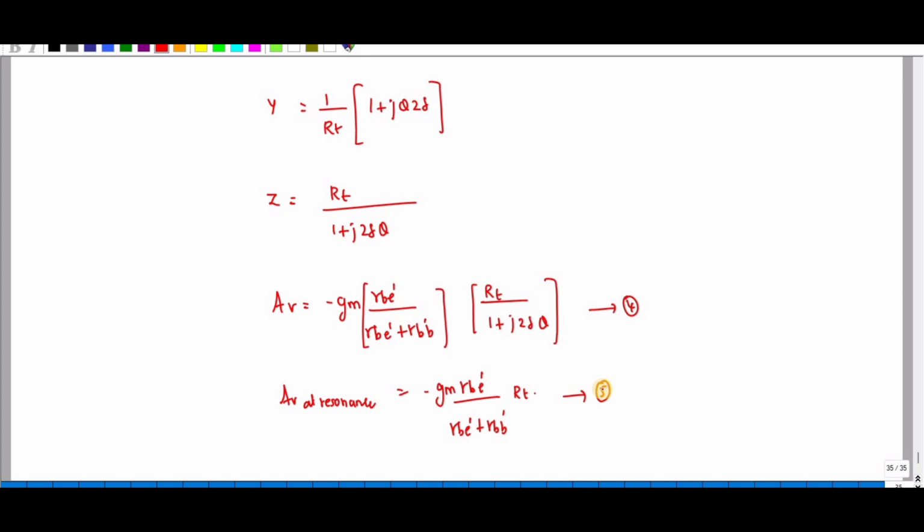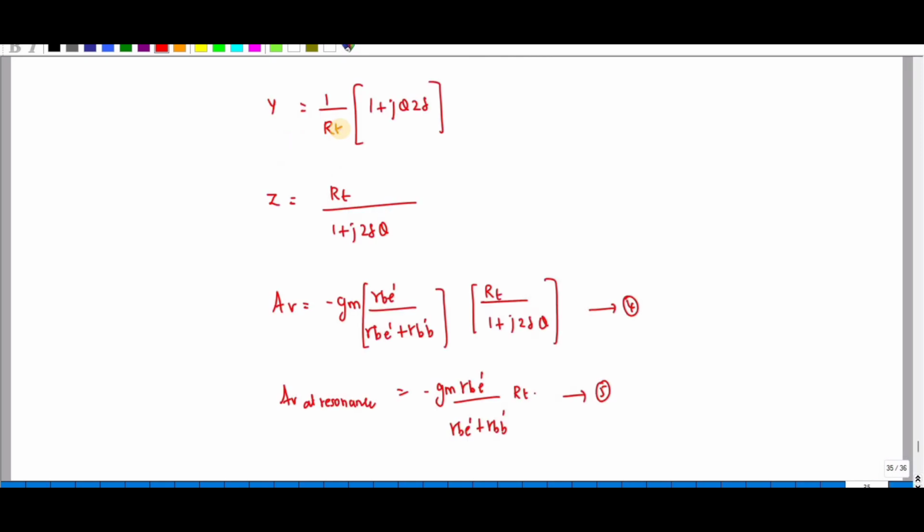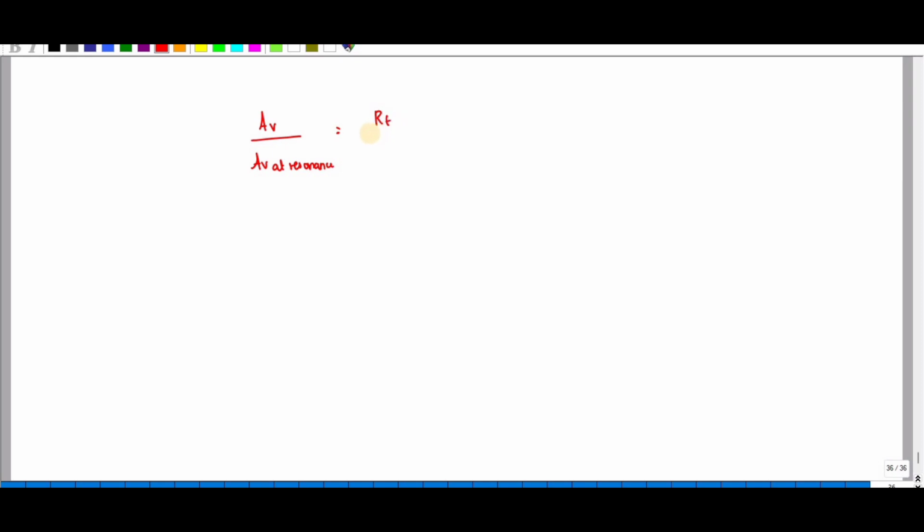So now you divide 4 by 5. Okay, so AV by AV at resonance is equal to, so this term gets cancelled out, so you will get RT by 1 plus j2Q del by RT. So this is what you get. So here RT and RT get cancelled out, therefore you will get 1 divided by 1 plus j2Q del.